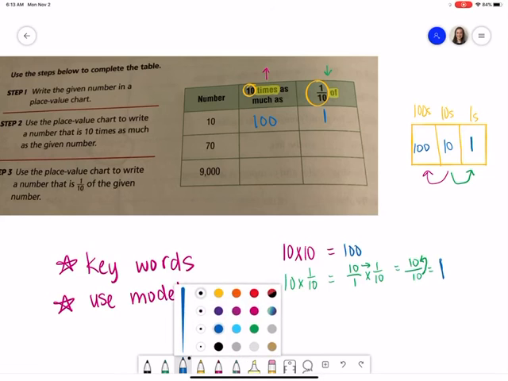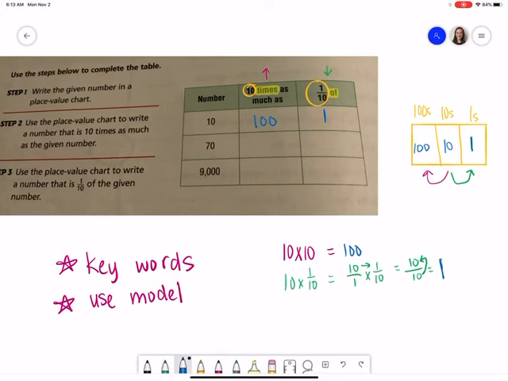Okay, so I'm going to just fill these in for you. 70, if we go up a place value, it becomes 700. If we go down a place value, it becomes 7. Look here, it gains a 0 and it loses a 0, right? So when we went up, we added a 0 to the end. When we went down, we took away the 0 from the end.